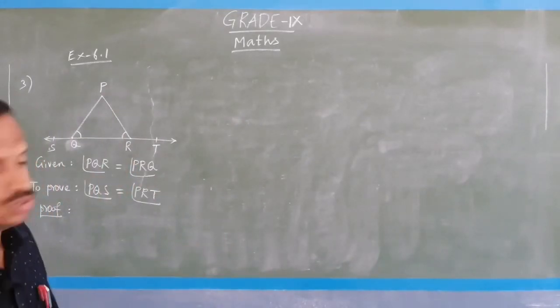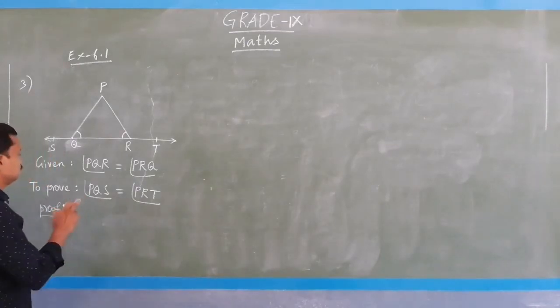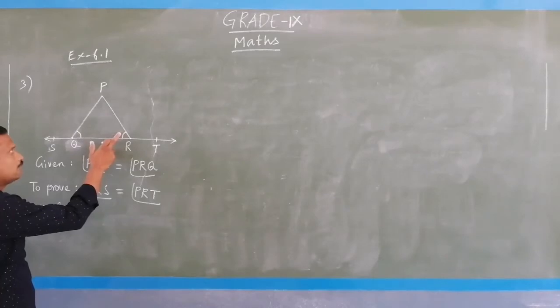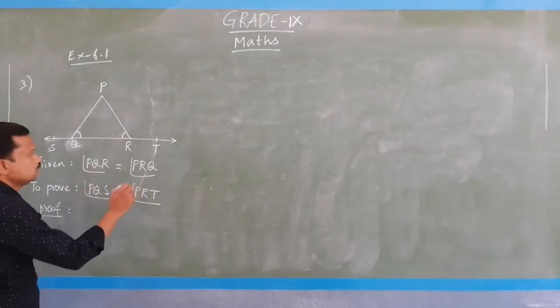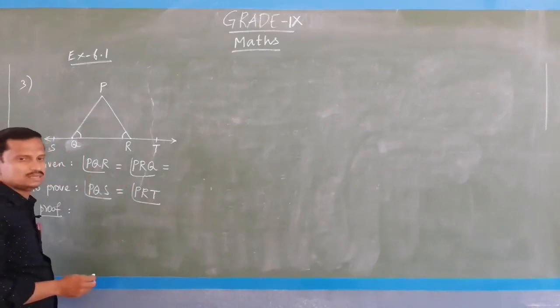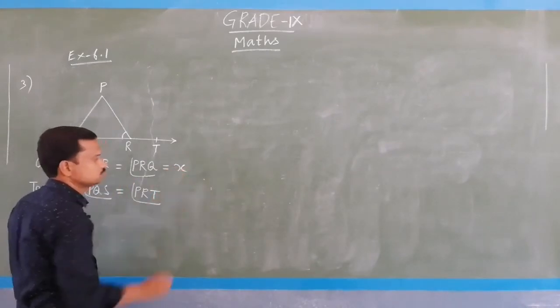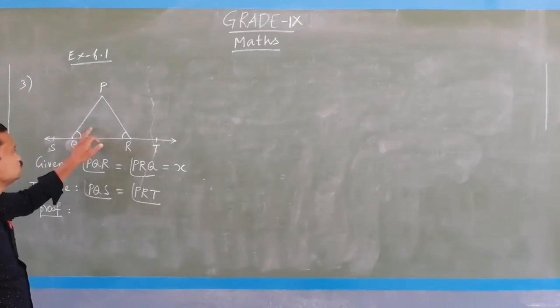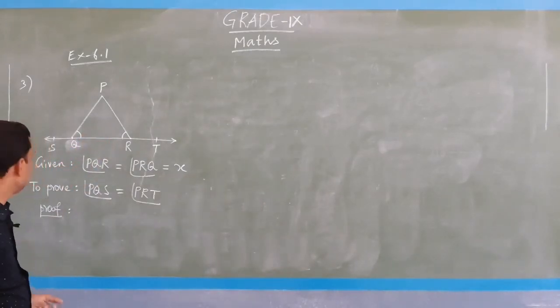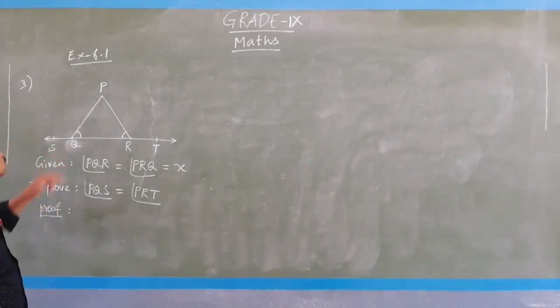They are saying that angle PQR and angle PRQ are equal. So, now I am taking the equal angles as x. Both are equal, so this is also x, this is also x, like that we can take for better understanding.